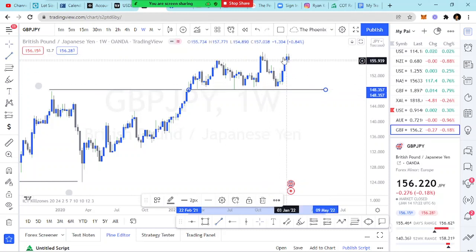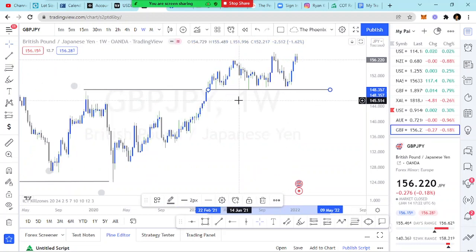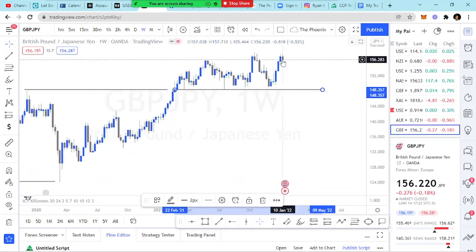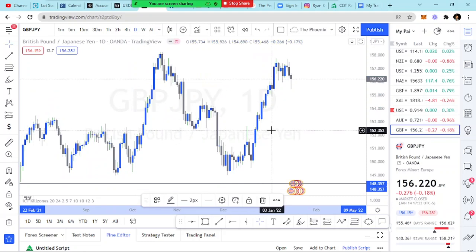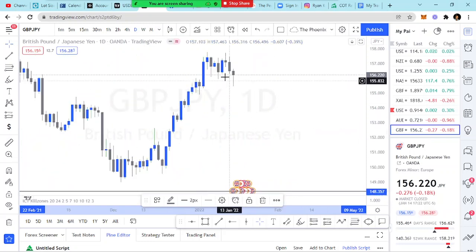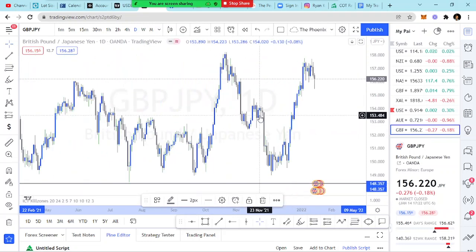And so with this indication here, it can be reasonable to anticipate that price will come and take the liquidity that is resting here. So even though the monthly is bullish, we can expect some bearish movement for the short term. And if it is that you're going to be looking for trades now, you can possibly look for shorts. So let's go to the daily. All right, so we see it even more clearly here.